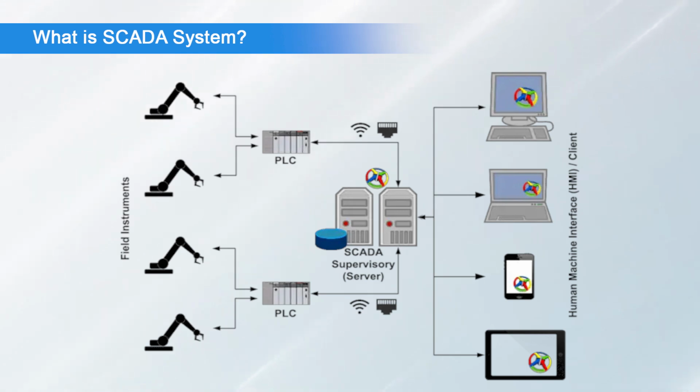These systems are very pivotal in manufacturing, energy, water treatment, transportation and many other applications where monitoring and controlling the processes are paramount in nature. What sets a SCADA apart is its ability to gather data from sensors and instruments in real time.